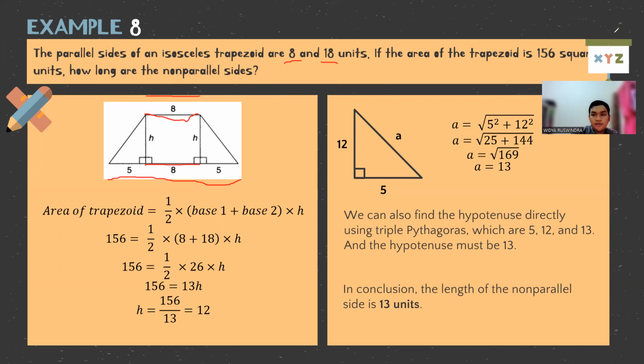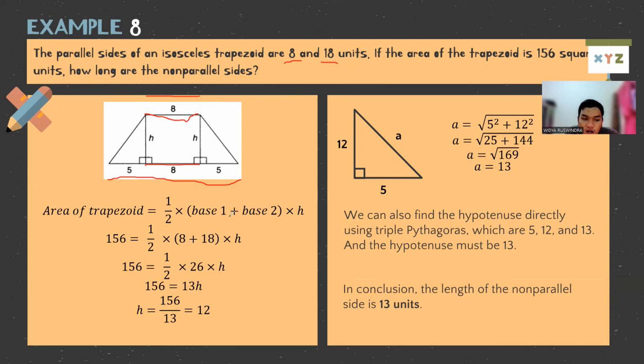And we know the area of the trapezoid is 156 square units. The formula for the area of a trapezoid is 1/2 times the sum of base 1 plus base 2, times h.